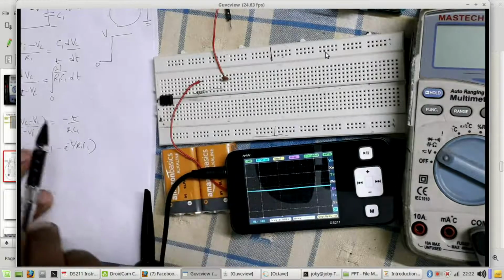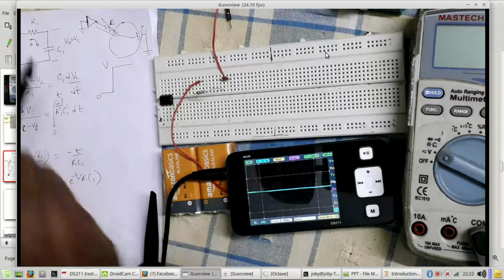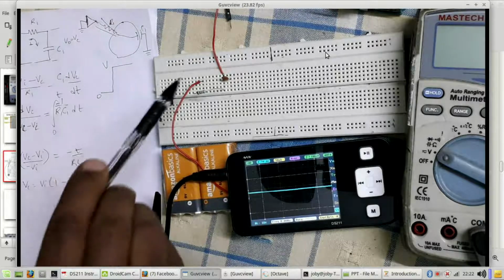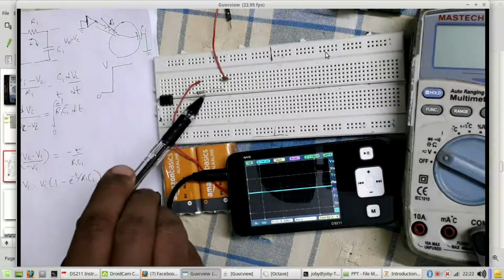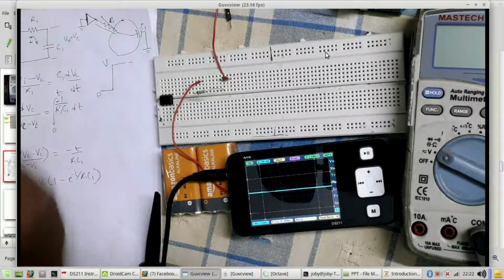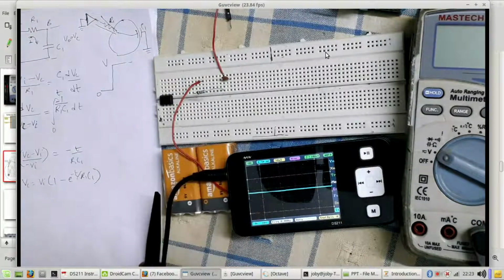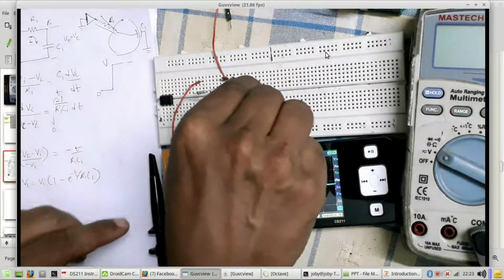This junction is this point. And of course the input is into this point, right? So this is A, that is here, and this is B, and that is here, right?